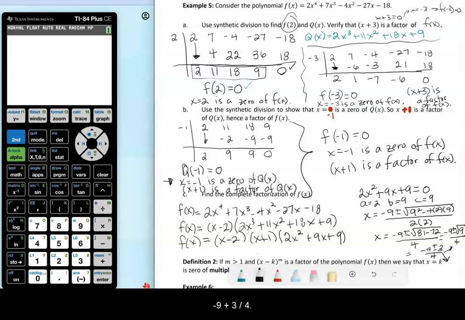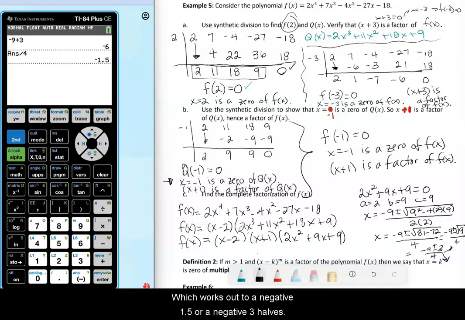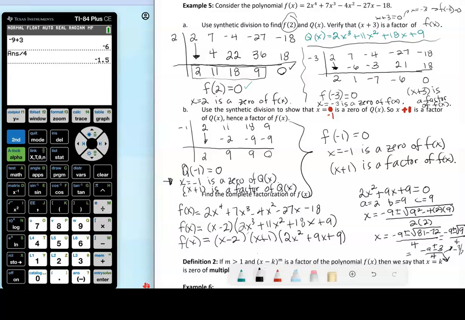Negative 9 plus 3 divided by 4, which works out to a negative 1.5 or a negative 3/2. And then we have negative 9 minus 3 divided by 4, which works out to negative 3.